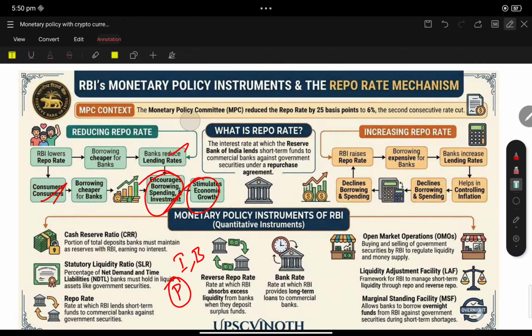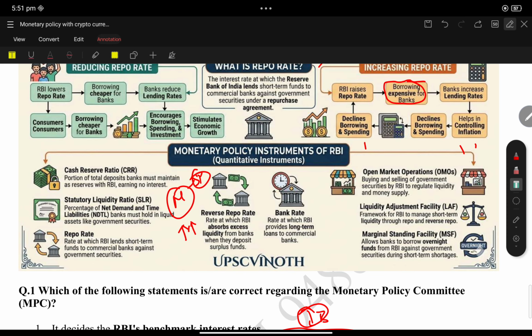What are the other monetary policy instruments with respect to this discussion? That is the cash reserve ratio. It's very easy; these are basic concepts you could have studied in your classes itself. What is the cash reserve ratio?